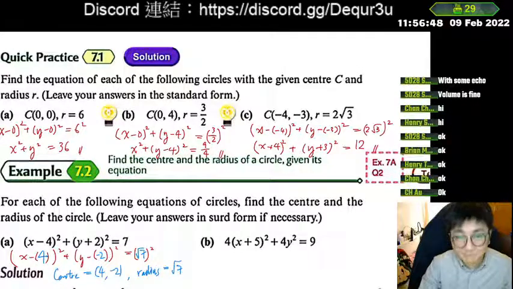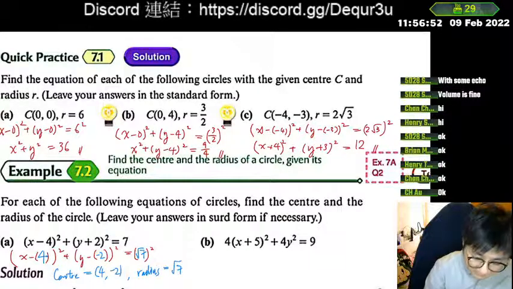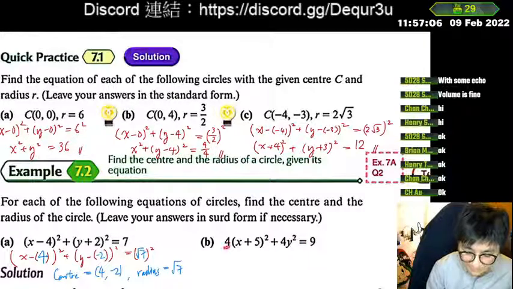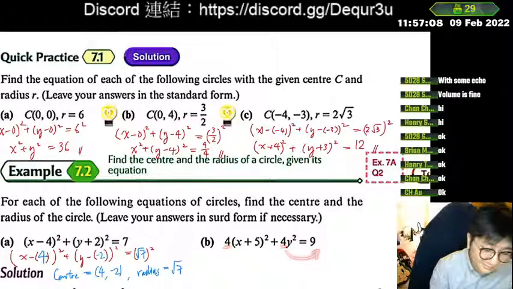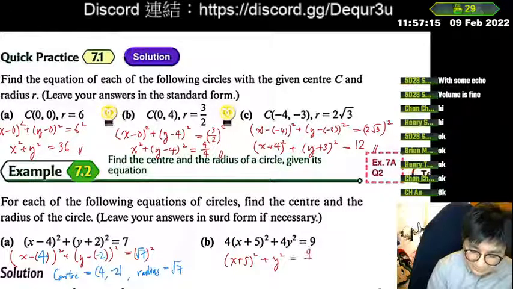Also, for part B, we can do something similar, but you can recognize part B is not exactly already in the form, because the bracket squared is still there, but we have an outside 4 here. Similarly, for y squared, we have an outside 4 here. Therefore, we better divide this 4 to the other side. So our first step is x plus 5 squared plus y squared, divide the whole equation by 4.